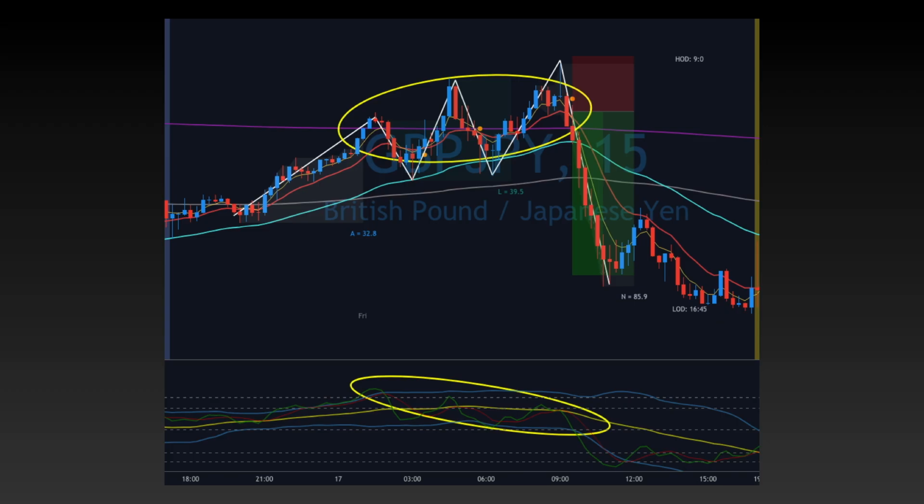So if you look at the divergence here, how bad it is when the first leg on the TDI is reading well above the 70s, and you can see how each leg after that gets lower and lower. But on the price action chart, it gets higher and higher. Right? Notice that. Divergence plays a huge part.